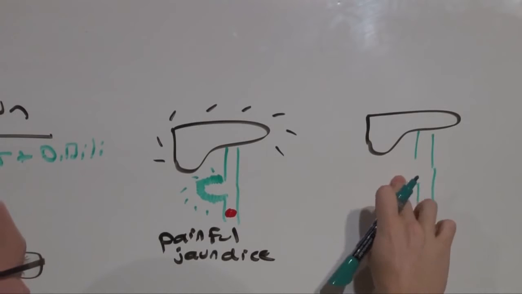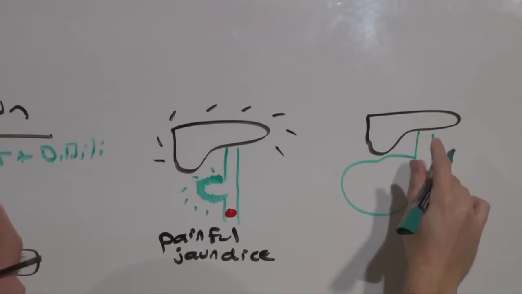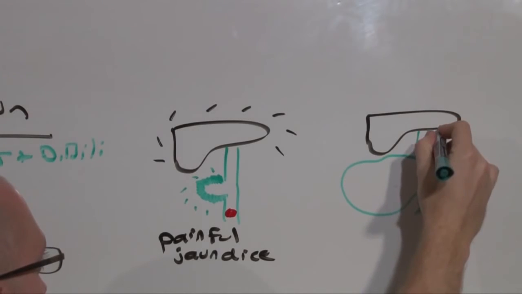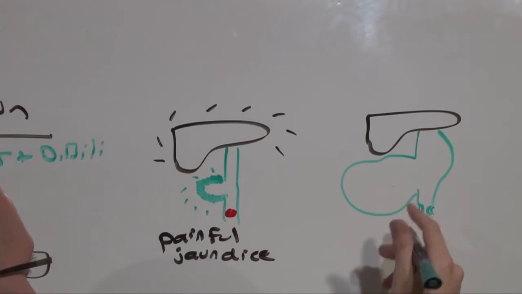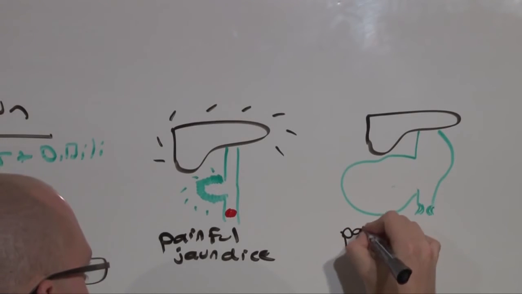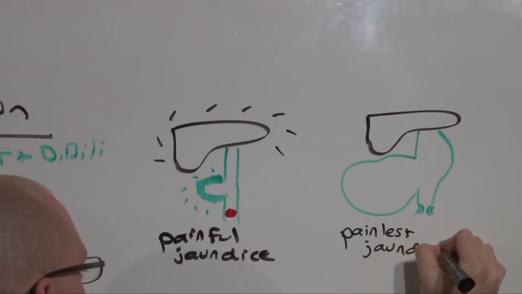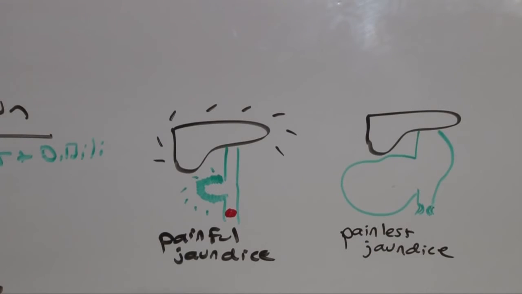So what you'll see is a thin-walled, big, distended gallbladder, and you might even see big dilations of the biliary tree, but no pain because the body has had time to adapt. There's no inflammation. So painless jaundice is indicative of a slowly developing obstruction, and that is either going to be cancer or a stricture. Your clinical presentation and the history will tell you which it is.